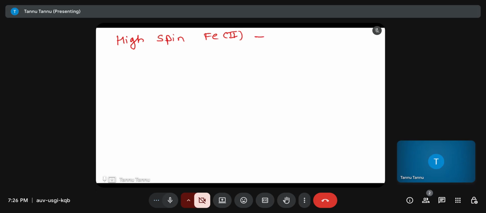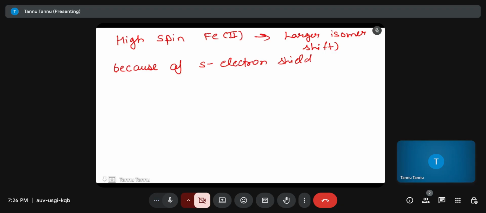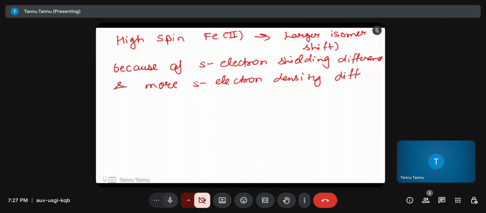High spin Fe2+ gives a larger isomer shift because of the s electron shielding difference and more s electron density difference at the nucleus.